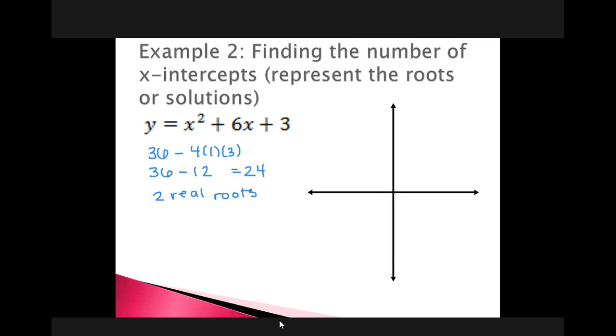You could find your axis of symmetry. So my vertex is going to be at -3, -6.